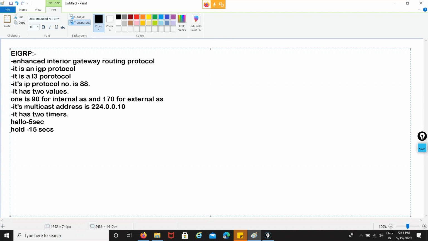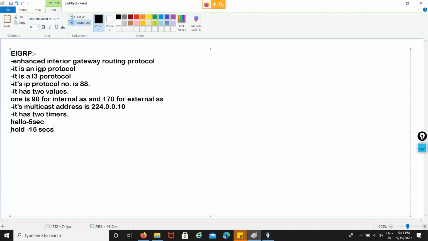Hello means, if you see in UDP, in brief, it sends update packets periodically every 30 seconds, to indicate that the packet is successfully delivered to the router on the other side.